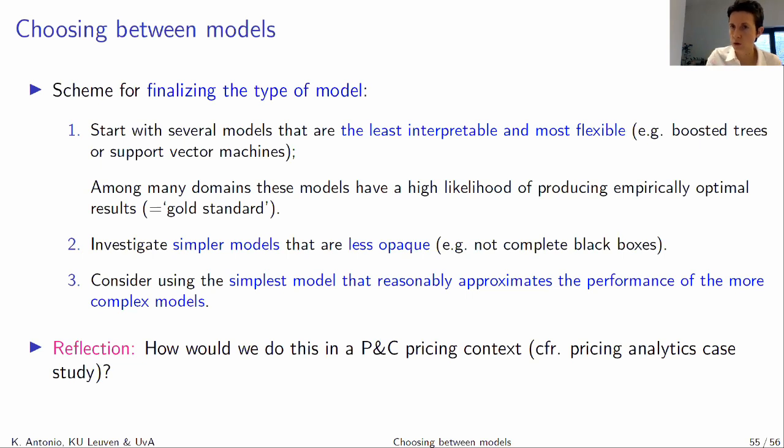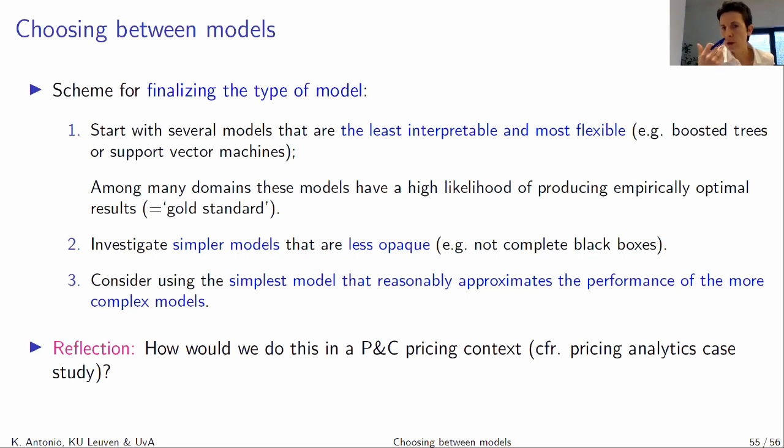So we tried to translate the insights obtained with the GAM into a simpler model. You can also extend that kind of thinking, where you say, I'm going to start with a very flexible model that is known in the literature to typically lead to a good predictive accuracy, think of a boosting machine or something. And then I can try to get the insights from that model captured by simpler models.